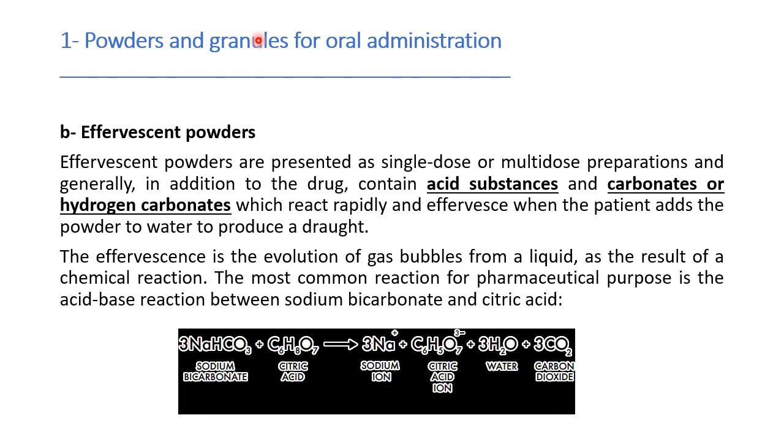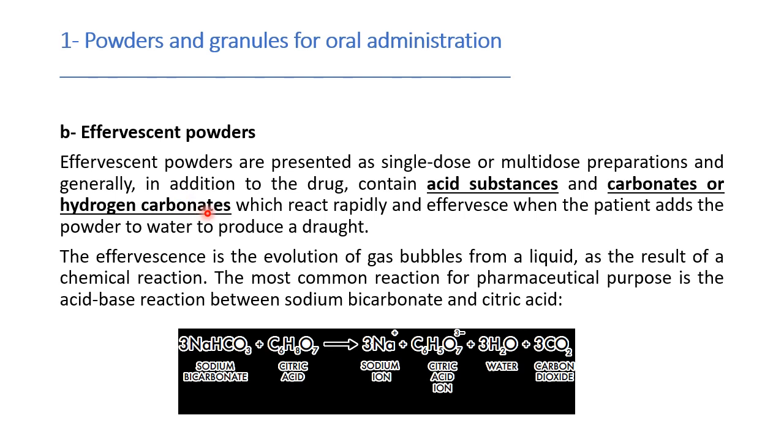Another orally administered powder and granule form is the effervescent powders. These are presented as single dose or multi-dose preparations, and generally, in addition to the active ingredients, they should contain acid substances such as citric acid and carbonates or hydrogen carbonates such as sodium bicarbonate.